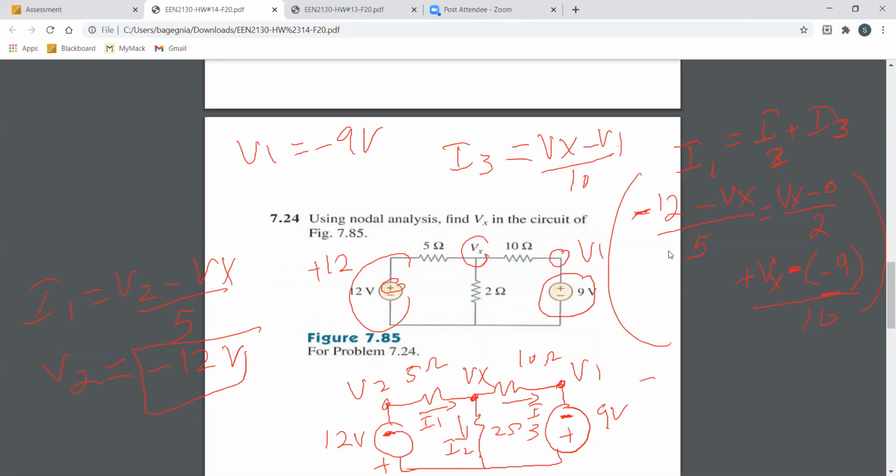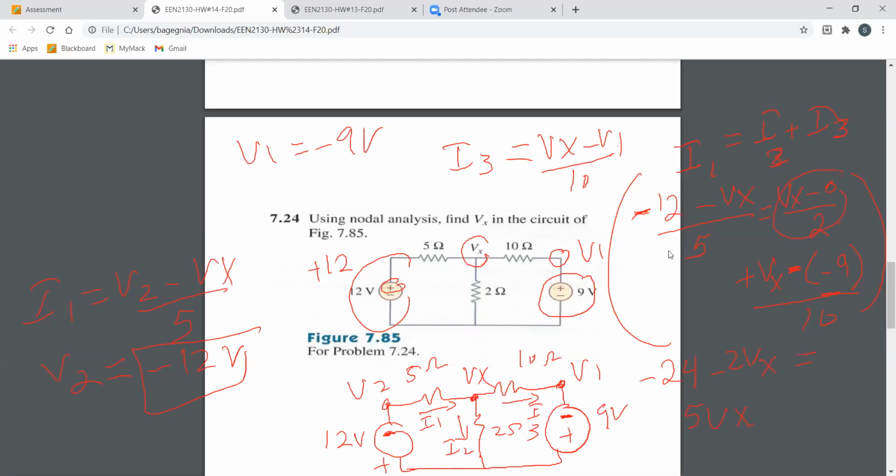If you multiply this by 10, 10 over 5 is 2, so it will be 2 times negative 12, minus 24, then minus 2Vx equals... and 10 over 2 is 5, so we multiply this term by 10, giving 5Vx.